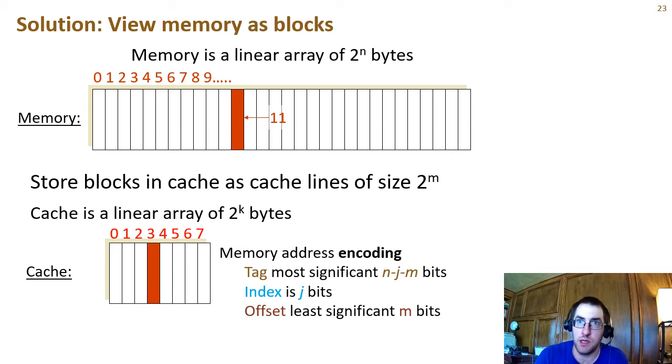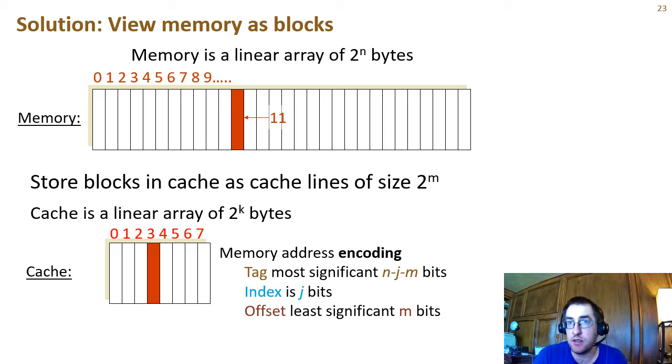So here we look at memory as an array of bytes. So we've got 2 to the n bytes. And I've highlighted here byte number 11. So 0, 1, 2, 3, 4, 5, 6, 7, 8, 9, 10, 11. And we want to find out where should we store or look for byte 11 in a cache.